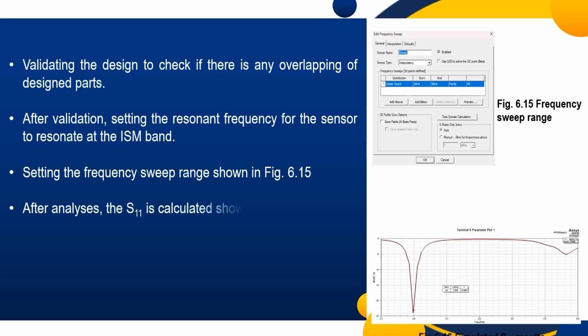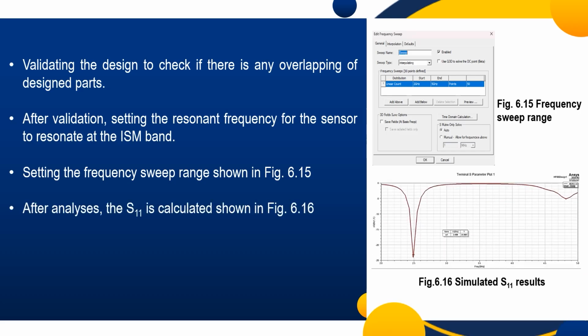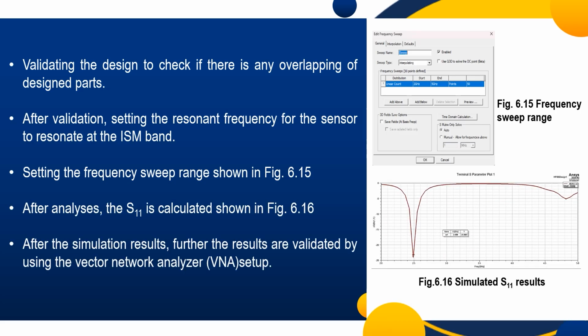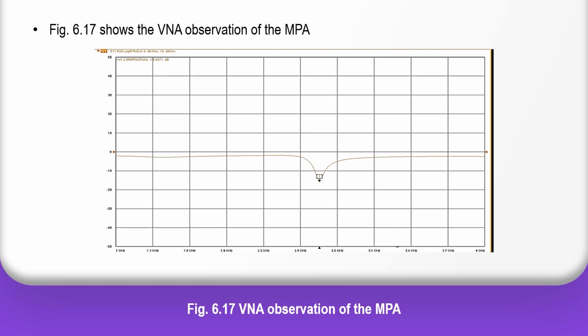So I am getting here the S11 signal. Now from the same port I am releasing, and I am again trying to see what is the signal received at that particular location. So S11 parameters we are measuring over here. After the simulation result, these are again validated using a VNA, and we try to correlate what is the output in the HFSS software and what is the output through the VNA.